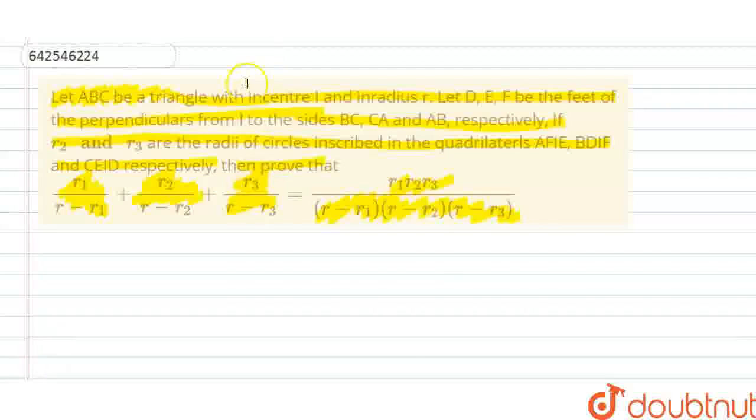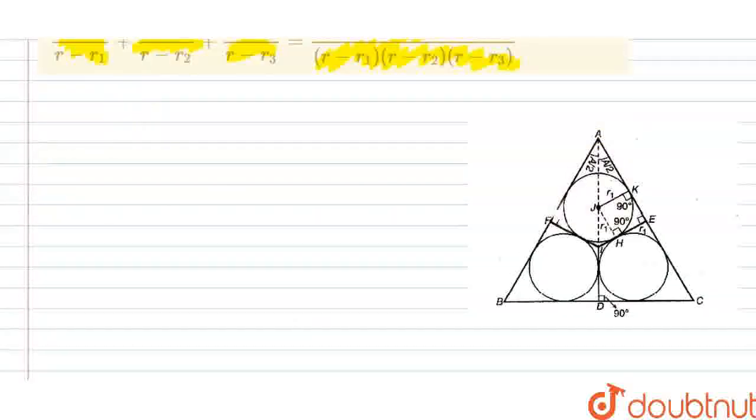So, I'm drawing the diagram as per the given information. So this is the diagram as per the given information. Now we can observe that JKEH is a square. Why?